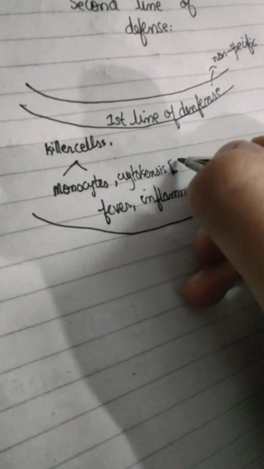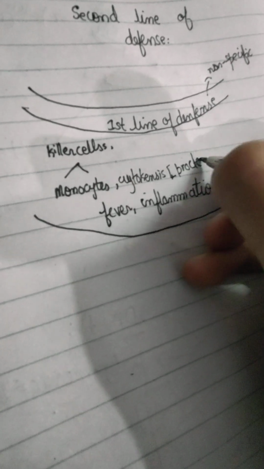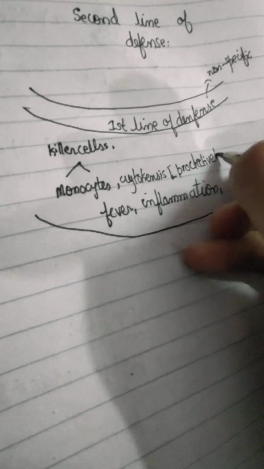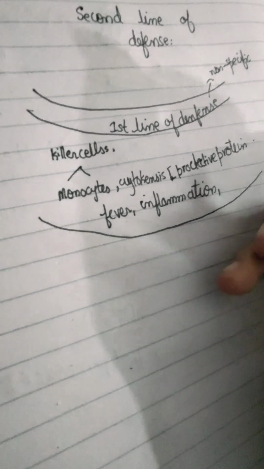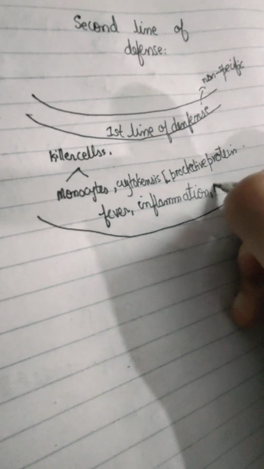As I told you, a cytokine is a protective protein, an active protein. It is a major component of the second line of defense, and we will see that as well, as well as neutrophils. So here we will discuss all of these.